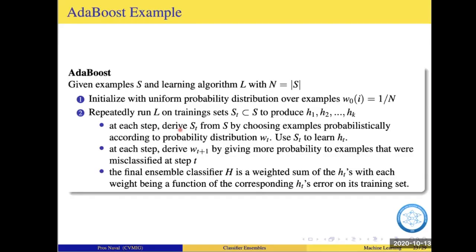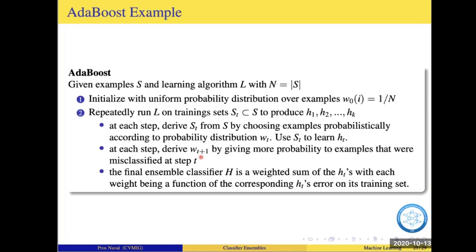At each step, we derive St from S by choosing examples probabilistically according to a probability distribution defined by our weight vector Wt. T is our iteration count. Then we use St to learn Ht, our Tth hypothesis, which will produce the Tth classifier.